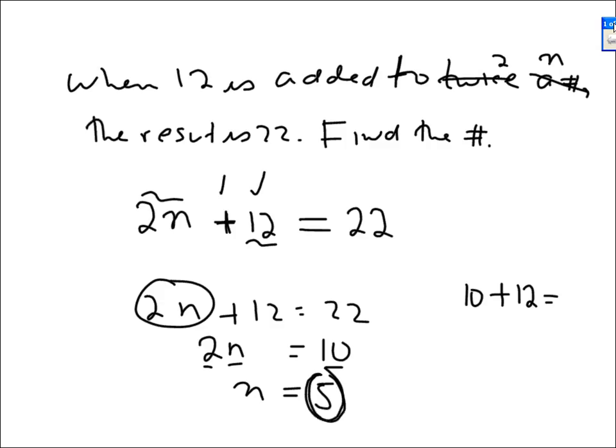The result is 22. That is correct. 10 plus 12, 22. Every time. You need to be able to read these equations that you come up with back into words and make sure it matches the words you were given.